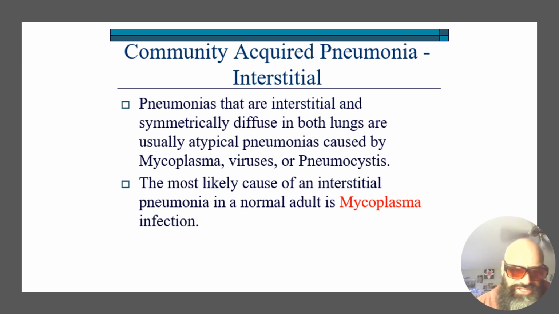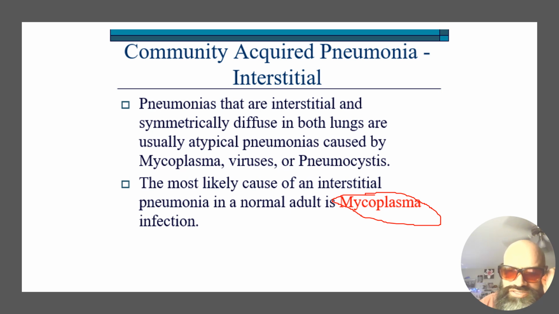you'll learn this in pulmonology, atypical pneumonias, and these are the three most common etiologies of this: mycoplasma bacterium, viruses, or Pneumocystis jirovecii. So anytime you see interstitial pneumonia, this guy here, mycoplasma bacterium, is at fault.